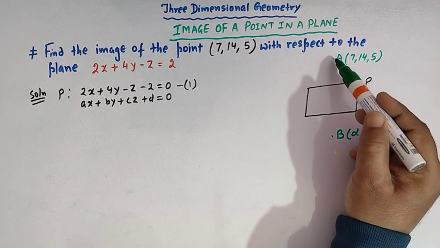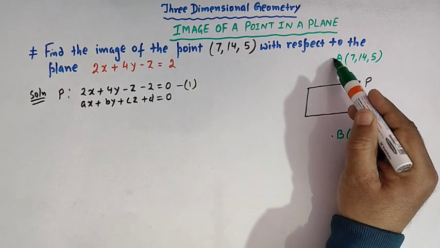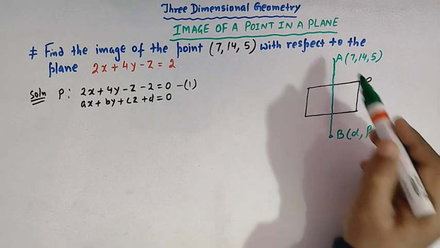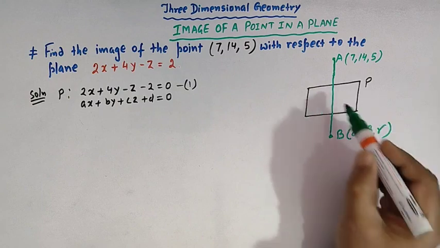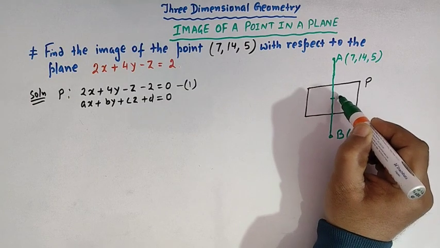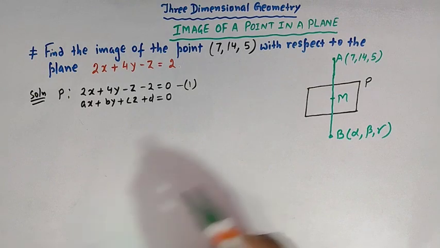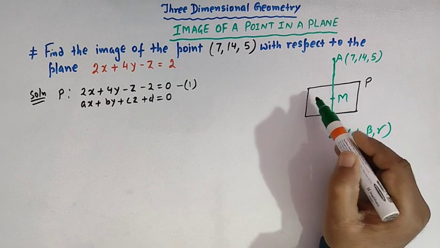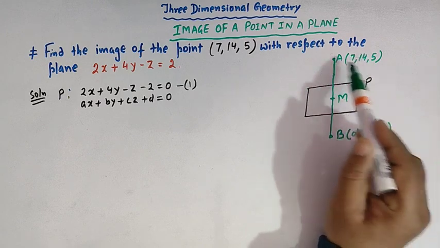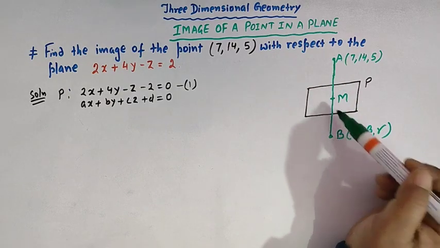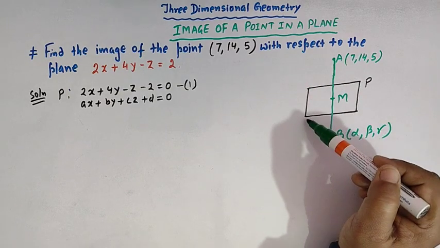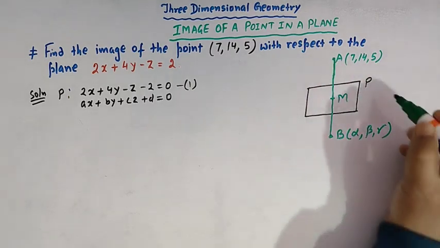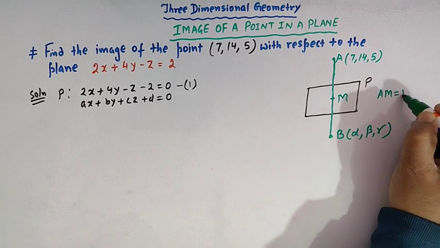In this problem we have to find the values of alpha, beta and gamma, and we'll utilize the concept of the general point lying on a given line. So let us join this point A and B. Here we have the line AB, and this line AB cuts this plane P at some point M. We know that the points A and B are equidistant from this plane P, because B is the image of A. So AM is equal to MB.